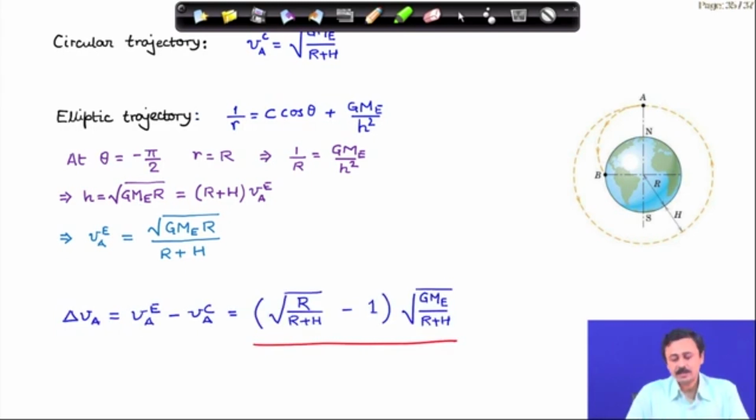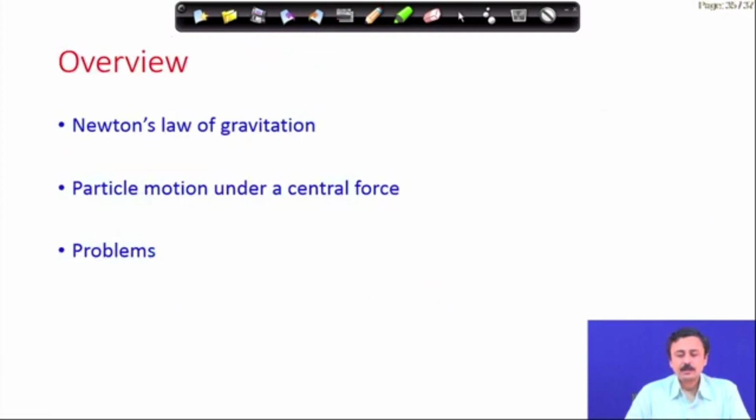Delta v is the velocity on the elliptic path at A minus the velocity on the circular path at A. Obviously, this is going to be a negative quantity. Delta V A must be negative because it is a reduction in velocity, and that expression is given here. So, that completes the solution of this problem.